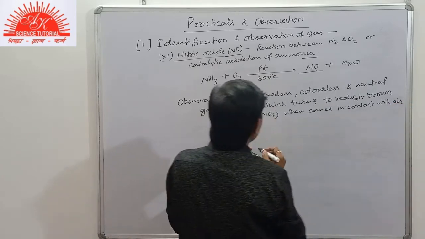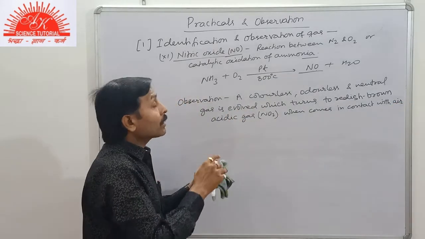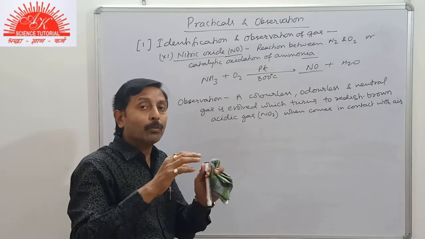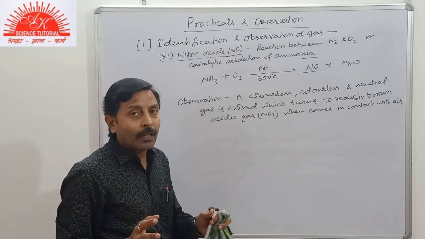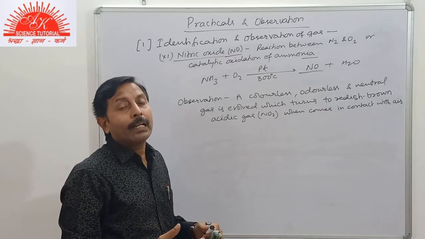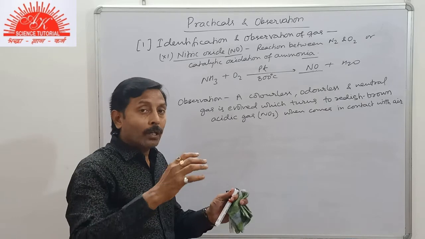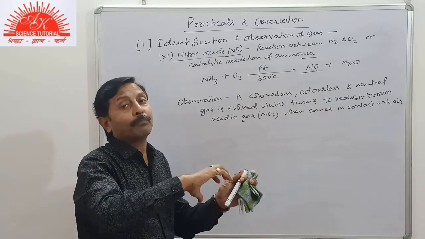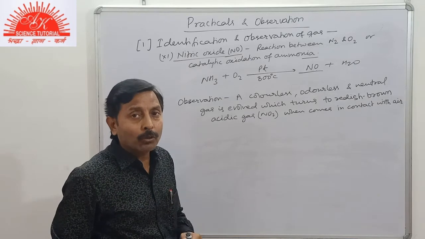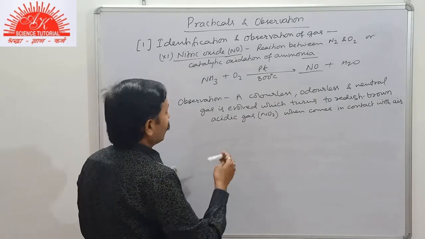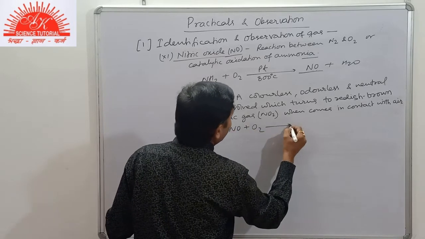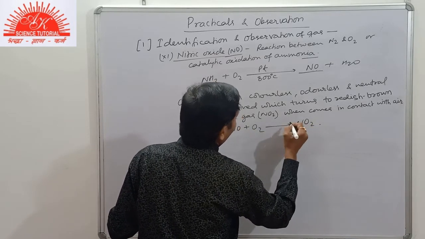So this is the test for NO gas, means as long as it will be present inside the flask, it will be colorless, but when it comes out in air, its color will change. So if the gas from the flask coming out changing its color, or outside the mouth of the gas jar, it will be NO gas, that is NO plus O2 gives NO2.